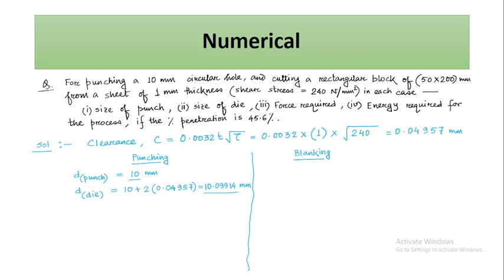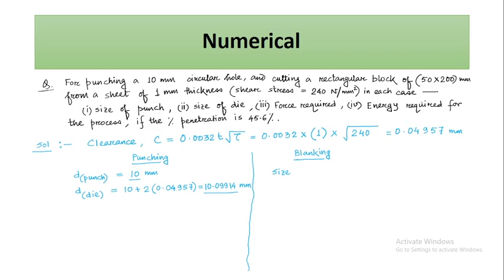Now we can find out the size of the die in case of blanking operation also. In case of blanking operation, we know that the size of the die will be equal to the size of the blank.